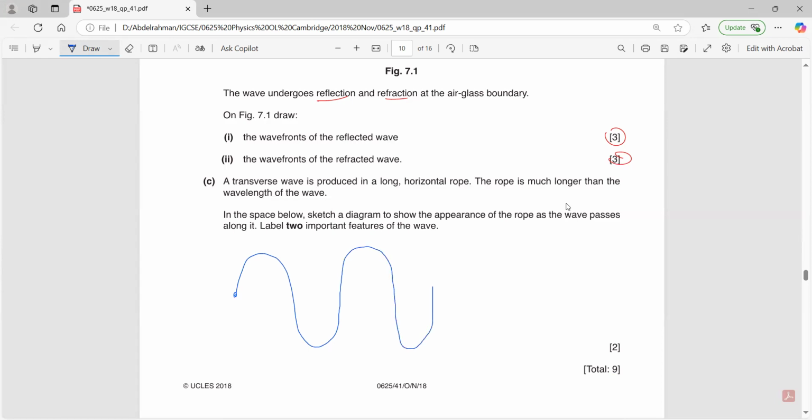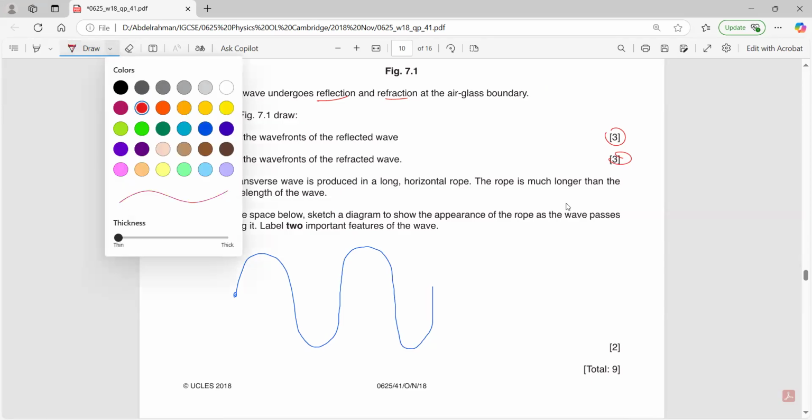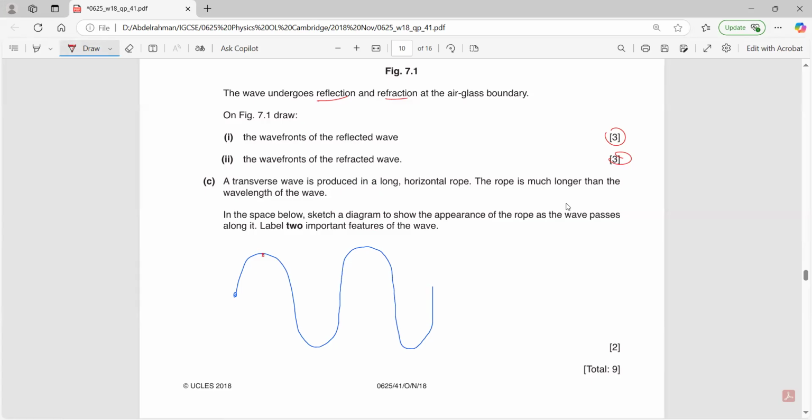So I drew two waves of a transverse wave. I need to label some important points. For example, this is the wavelength. This is a trough.